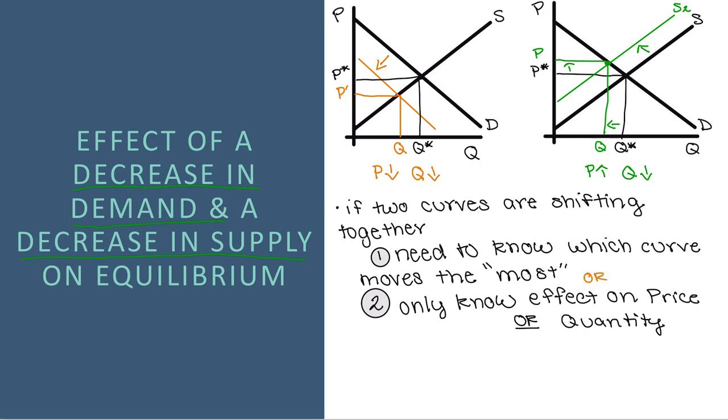So right now, we don't know which one's bigger. So we know that price from our demand shift is going to go down, but from our supply shift, it's going to go up. So we say that the effect on price is indeterminate, or it's unknown, without more information.